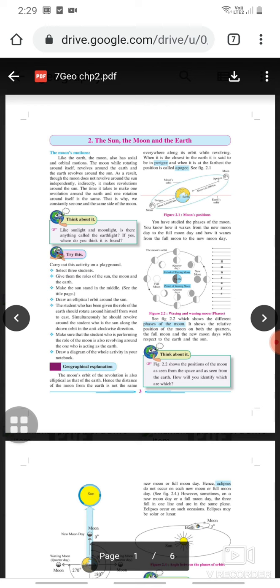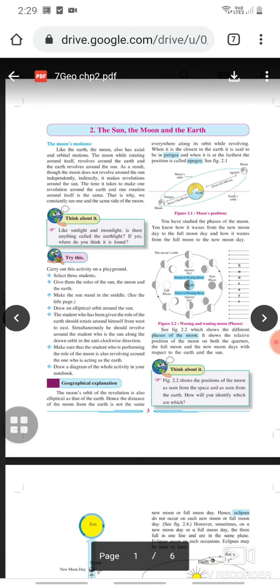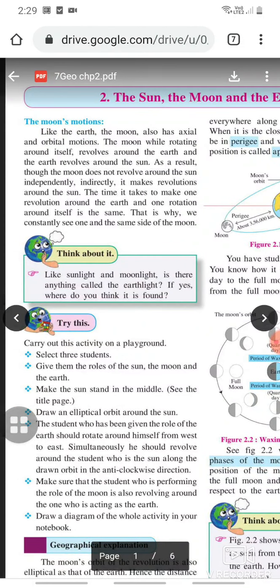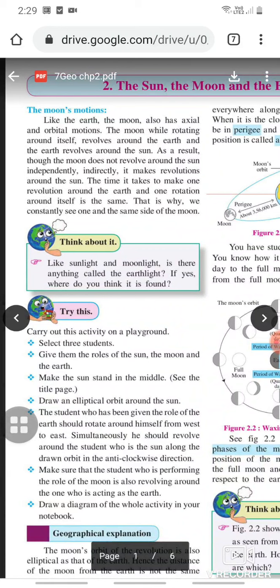Today we are going to read the second chapter, which is the sun, the moon and the earth. The first part which we will read is about the moon's motion. Like the earth, the moon also has axial and orbital motions. The moon, while rotating around itself, revolves around the earth, and the earth revolves around the sun.